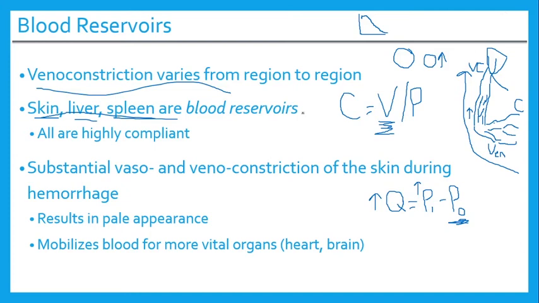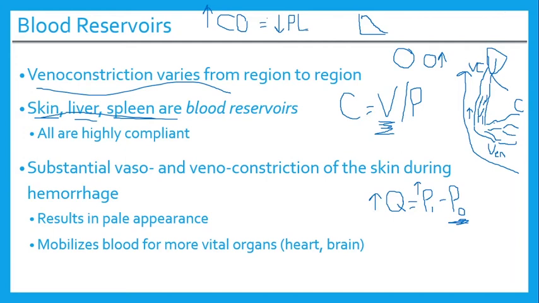And this is one of the mechanisms that the body is going to undergo in order to make sure that we can keep preload and central venous pressure up when there is an increase in cardiac output. Because remember, when we increase cardiac output, if nothing changes, we're going to see a drop in preload.